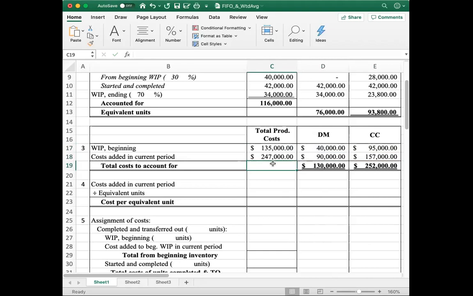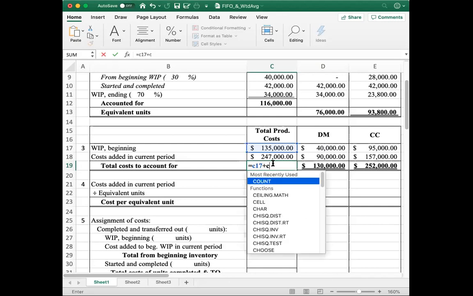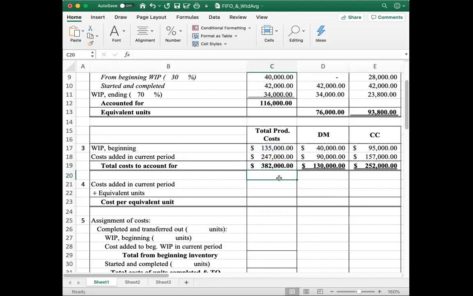Then we can add this either vertically or horizontally. This should give you the same answer. C17 plus C18 gives you 382,000, or D19 plus E19 can also give you 382,000. Okay, so that completes part 3 that deals with the total cost to account for.